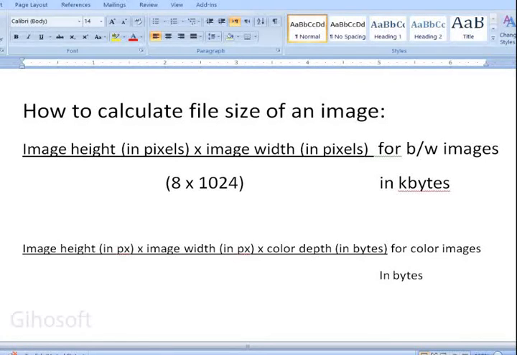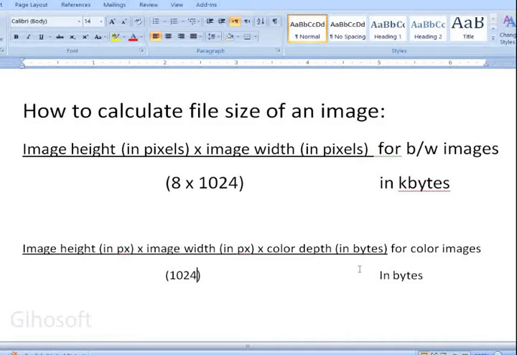Okay, but obviously nowadays we have bigger images, so the examiner is going to ask you to write down the answer in at least kilobytes, and for doing that you can simply divide the answer by 1024, and this would turn the answer in bytes into kilobytes. Or if the examiner asks you to find the answer in megabytes, then simply add another 1024 in the denominator and you would get the answer in megabytes.